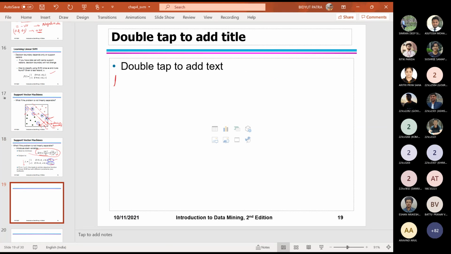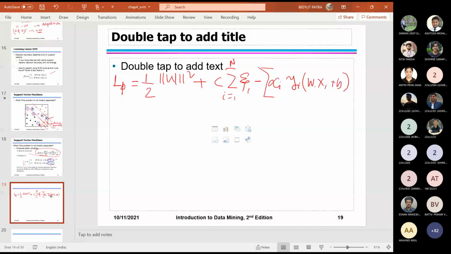So this will be L_P, so it will change to half of W square plus C summation over xi_i, so i equal to 1 to n, so this is the constant, minus summation over alpha_i y_i (w x_i plus b minus 1 plus xi_i).